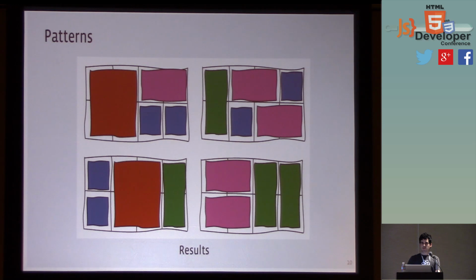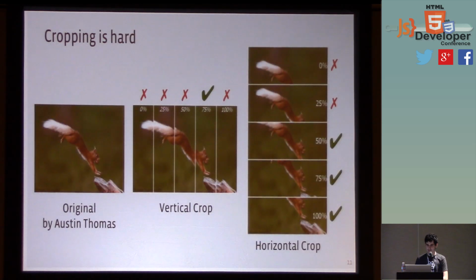So one of the main issues I have with this layout in particular is that they are cropping, they have very wide shapes. So for example, the vertical shape is very wide, and most of the time your photos are not going to be as wide. So this means that you're going to crop a lot of the image. So let's take an example.